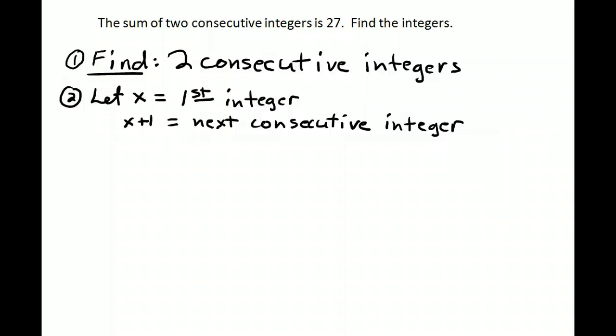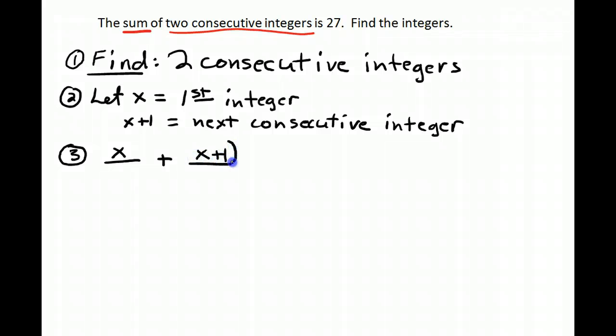Now what I need to do is come up with the equation. So I look at my sentence and I see this key word. When I see the word sum, it means I'm going to be adding something together. So it says the sum of what? What am I adding? Two consecutive integers. So I need to put my two consecutive integers, here's one, here's the other one.